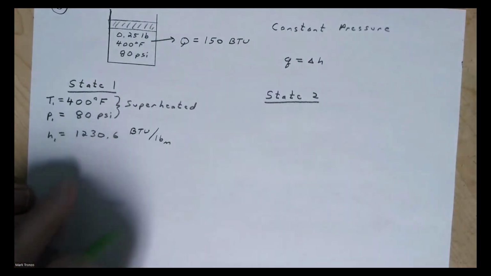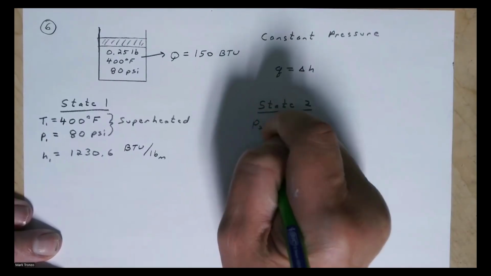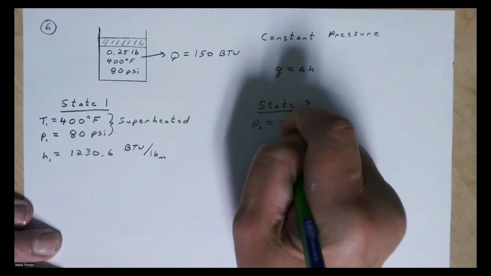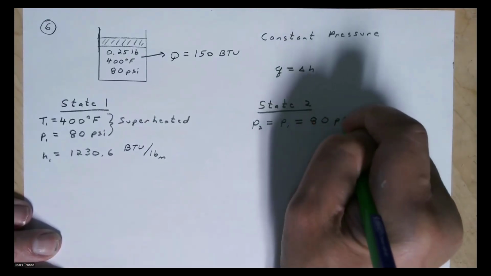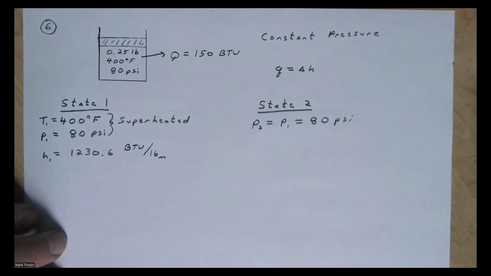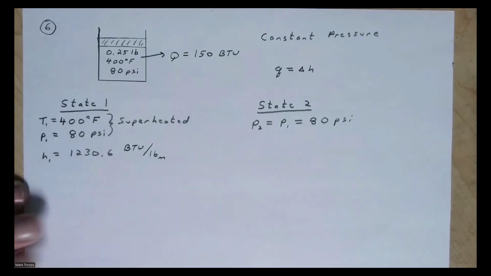And what do we know about state two? We know that the pressure remains constant. So we know that P2 is going to be equal to P1, which is 80 psi. Again, we can't find H2, so we're going to have to go ahead and apply our equation right now.